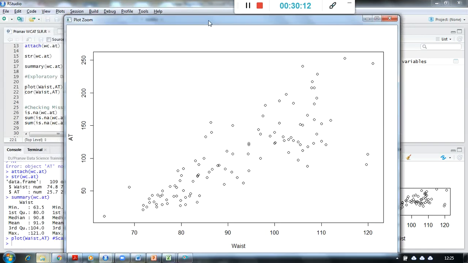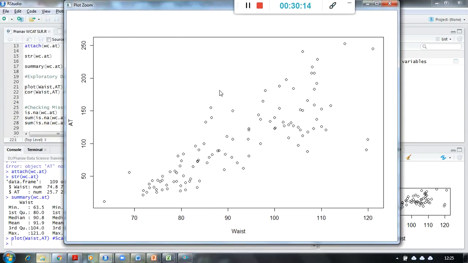So whenever we plot a scatter plot, we ask three questions, as I have explained while explaining the scatter plot, right? Number one, is there a relationship between waist and AT? Number two, what is the direction of the relationship? And number three, what is the strength of the relationship, right?